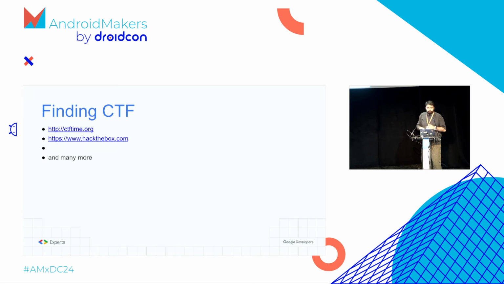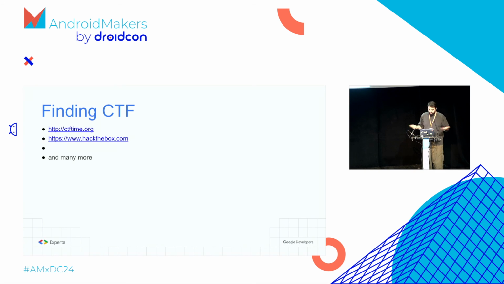If you are interested in doing more, you can find CTFs in many other places. CTFtime is a good resource. It tracks the CTFs all over the world, online challenges, everything, and you can train yourselves. There are some challenges already, and Hack The Box is a huge resource on that, and many more, of course.